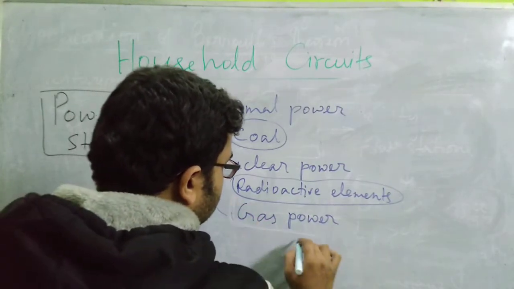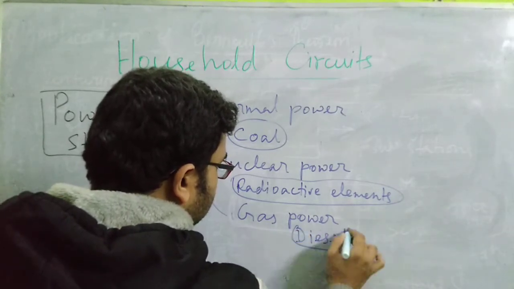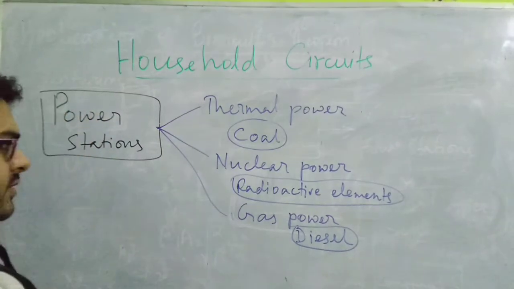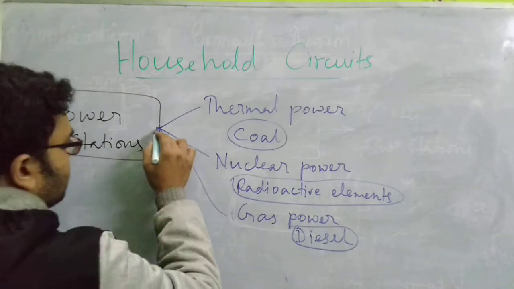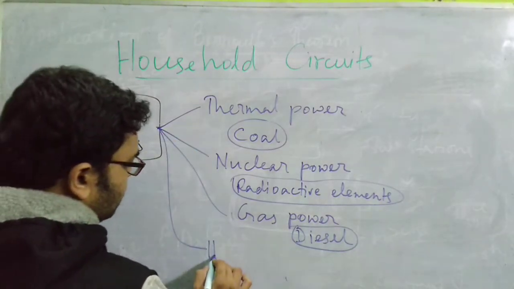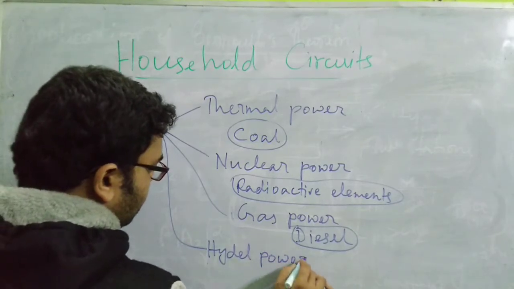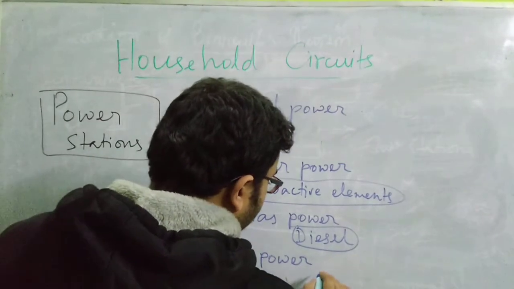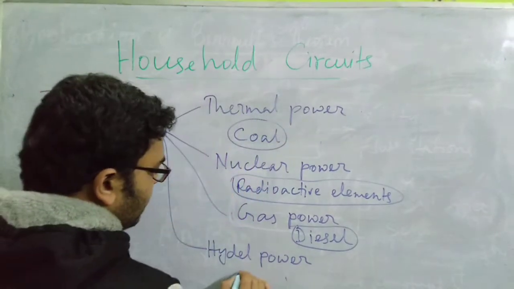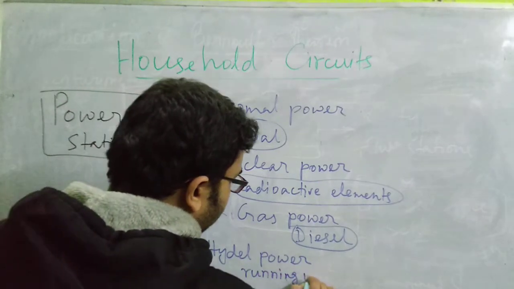So gas power stations generally use diesel or petroleum as the major raw material. After that comes the hydroelectricity, hydel power stations. Hydel power stations use running water. They construct dams and use running water as a source of raw material.